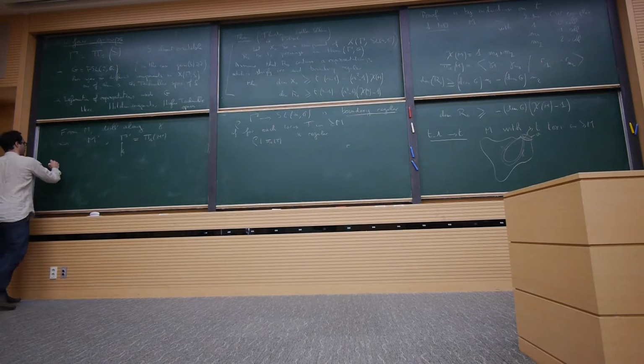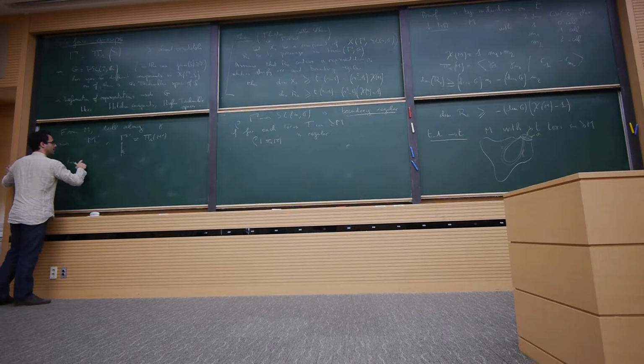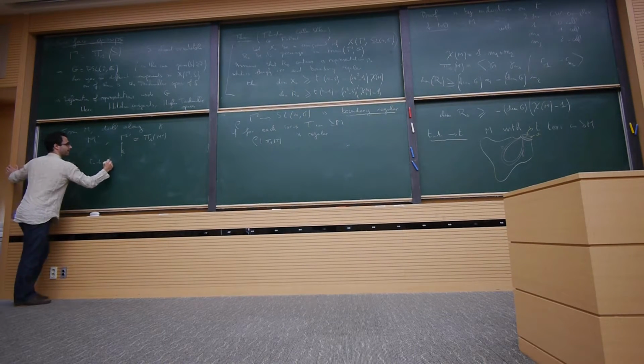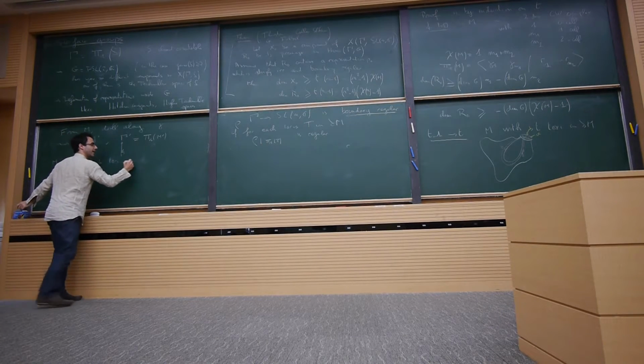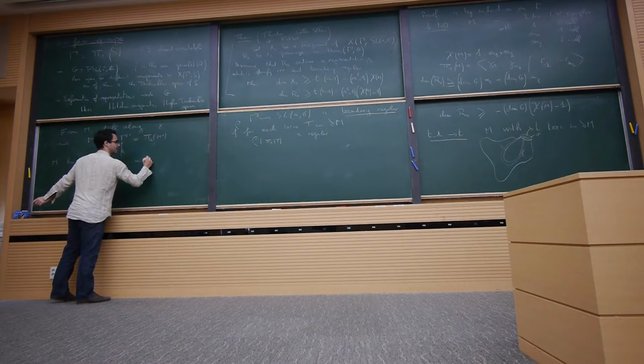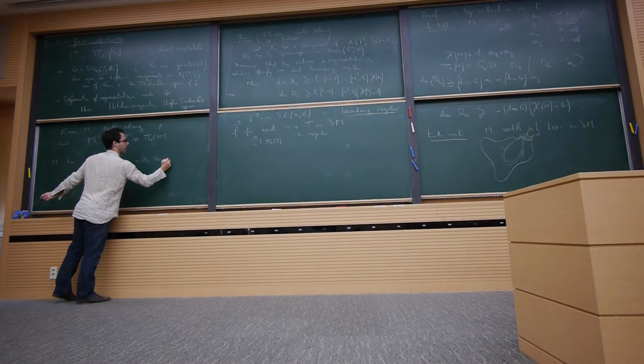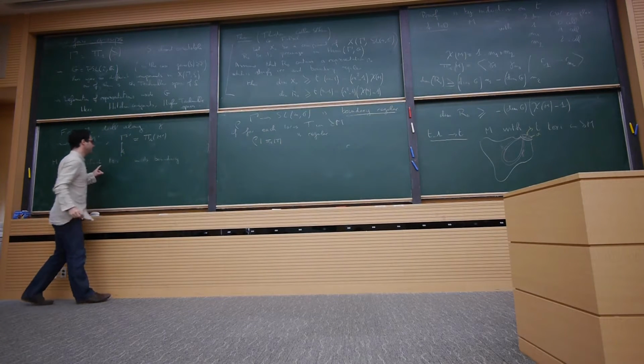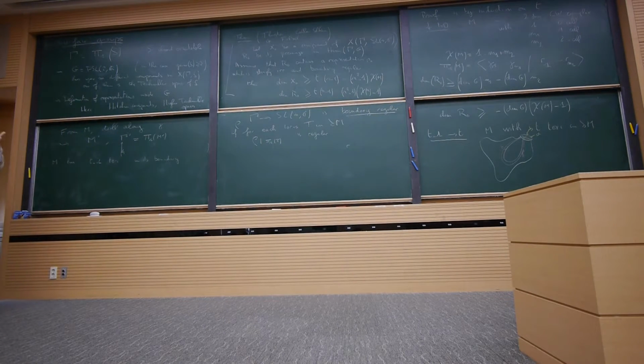And M prime has t minus 1 tori in its boundary, but it has the same number of boundary components as M. So I did not destroy some boundary component doing that.